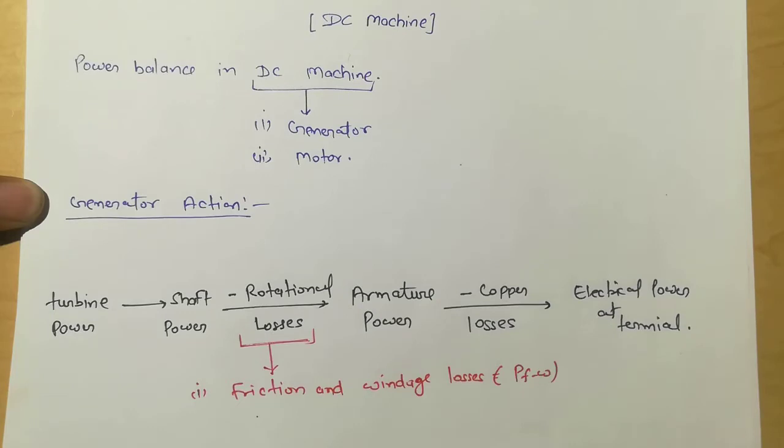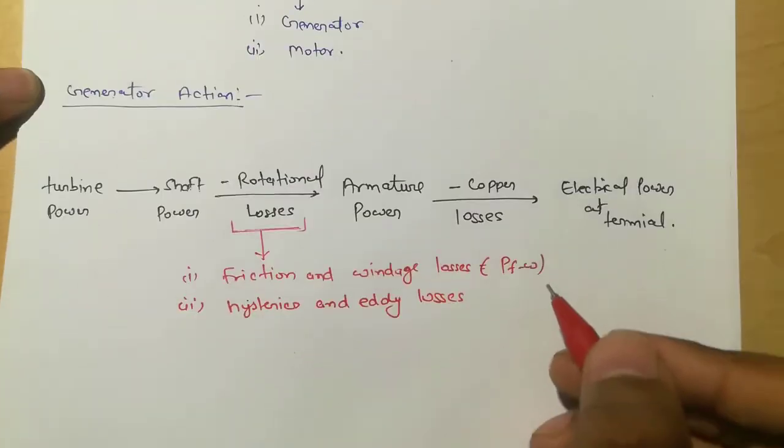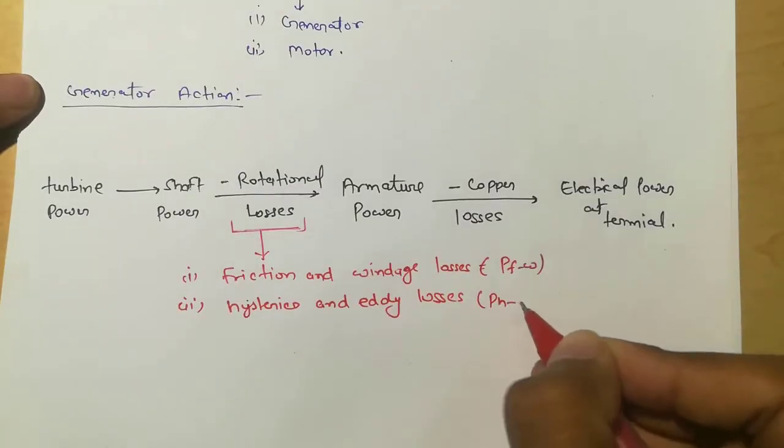The second one is hysteresis and eddy current losses, denoted by PHE.